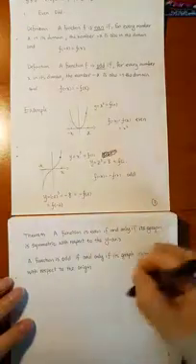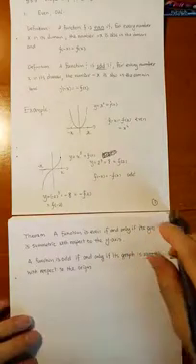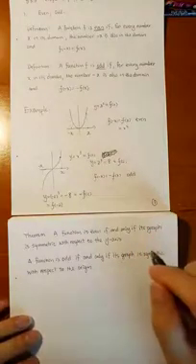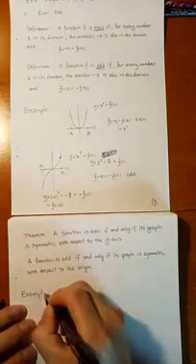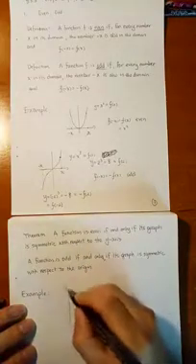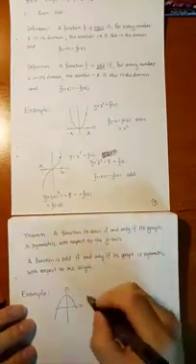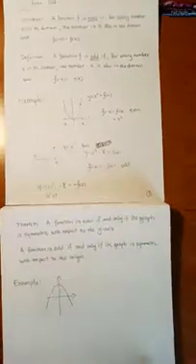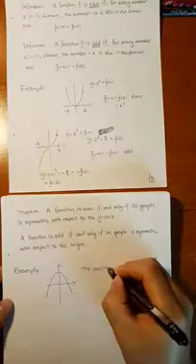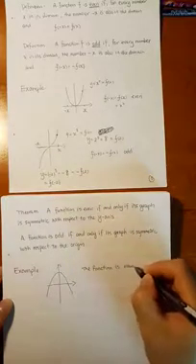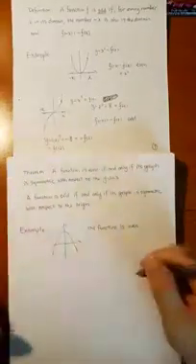Okay, so once you have this graph description of even and odd functions, it's quite easy to determine if a function is even or odd when you see the graph. For example, if you see a graph like this, assuming my graph is very good, then you can say that the function is even because you fold it along the y-axis and those two pieces coincide.